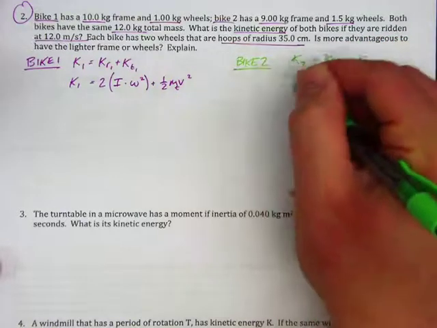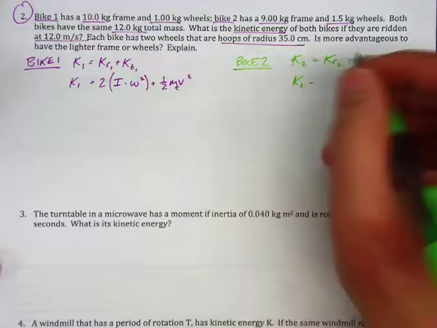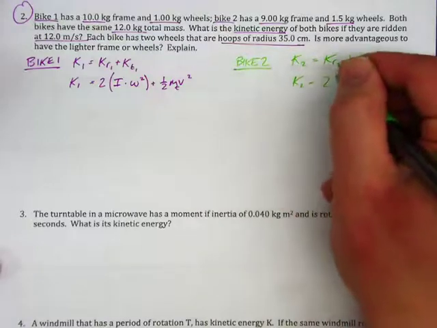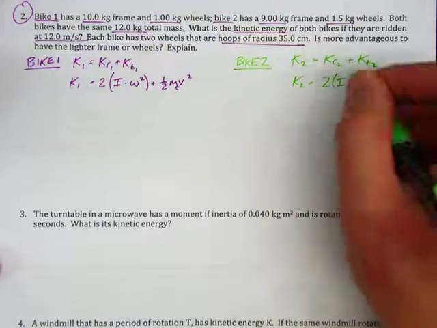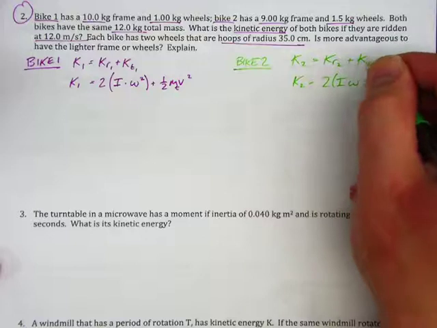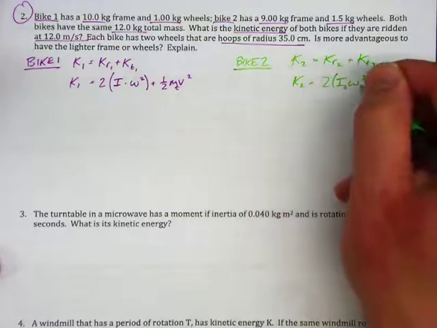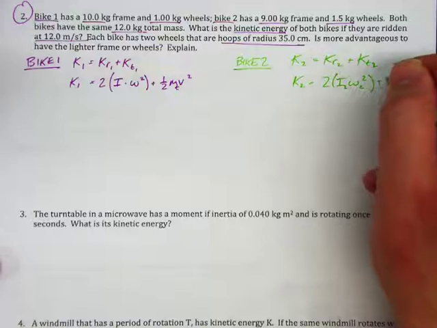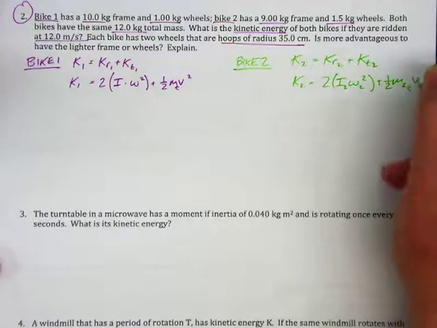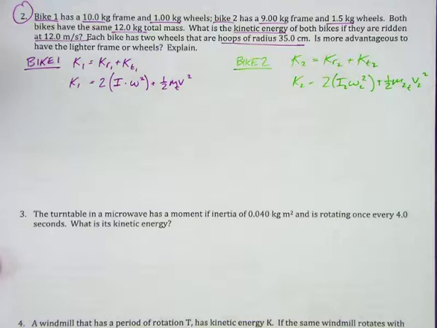In this case, this will be 2 times 1/2 I2 omega2 squared, plus 1/2 m2 total v2 squared. All right, well now how are we going to figure this out?